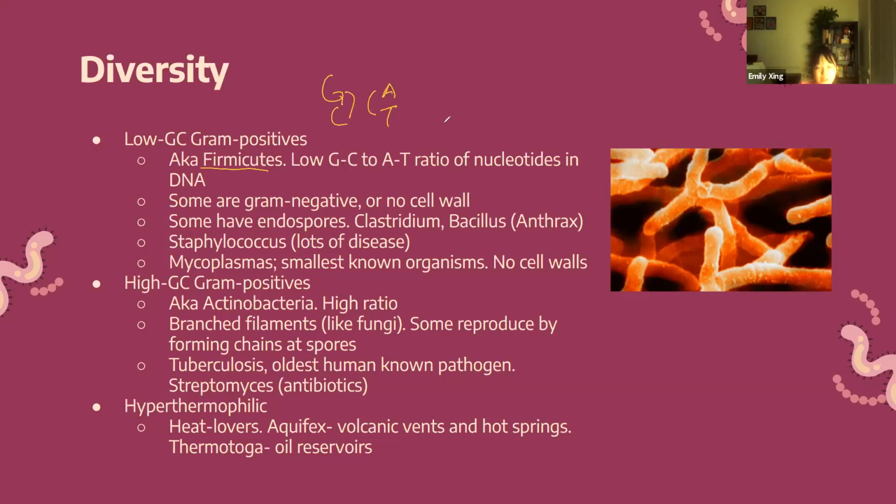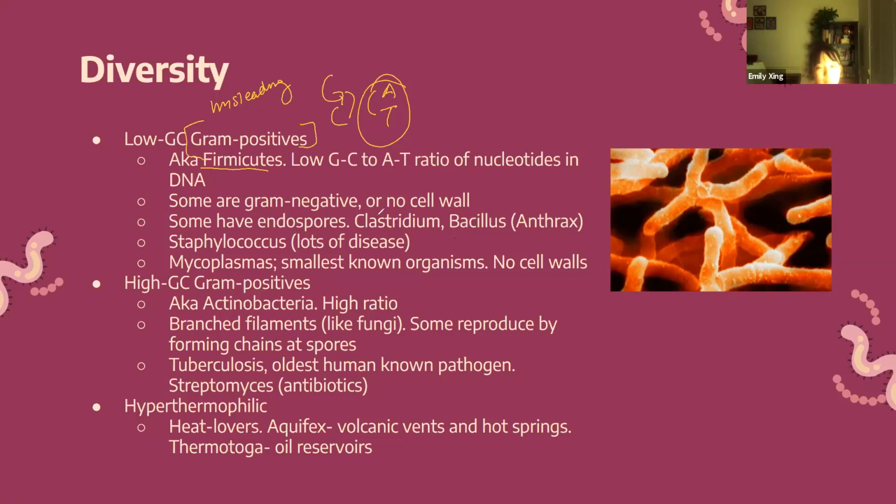This means that in DNA, this pair occurs more than this other pair. However, this part of their name is misleading because they're not actually all gram-positive. There are some gram-negative or with no cell wall at all, which is an instance where you couldn't use the gram stain test.